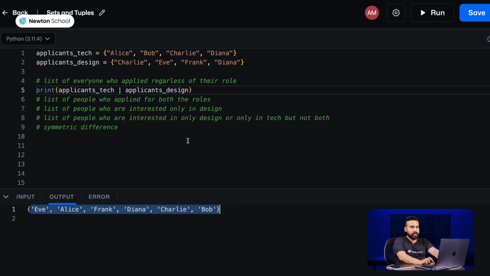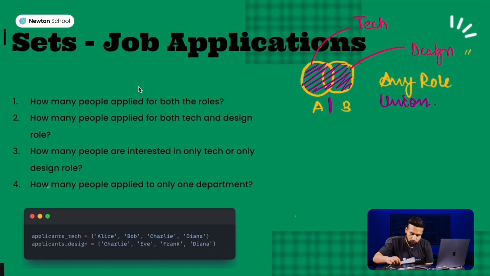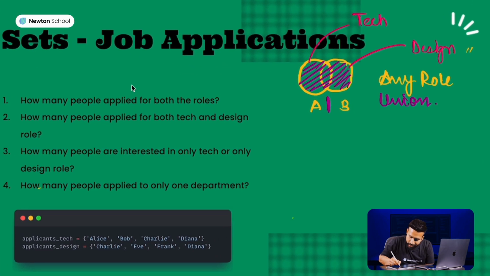Next question is that you have to define a list of people who have applied for both the roles. That means you have applied for both tech and design. Let's see how we will do this. I will again define set A as people who have applied for the tech role. I will define B as the set of people who have applied for the design role.